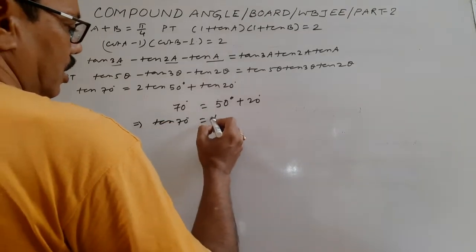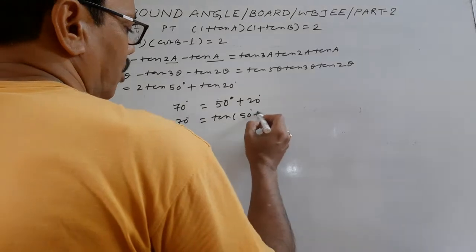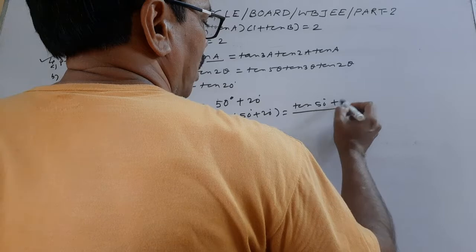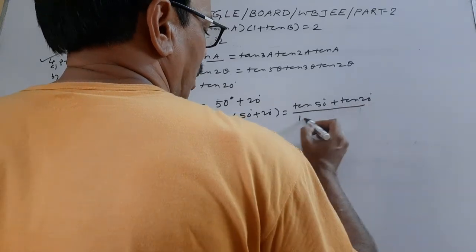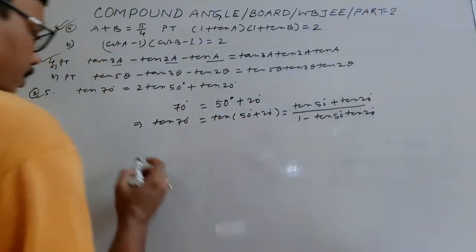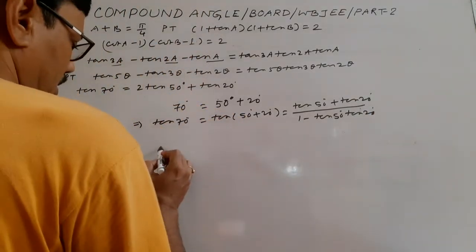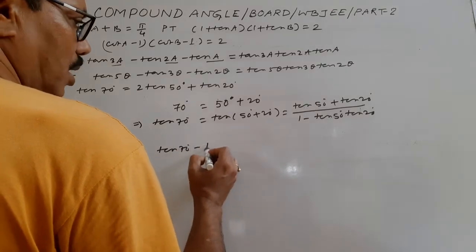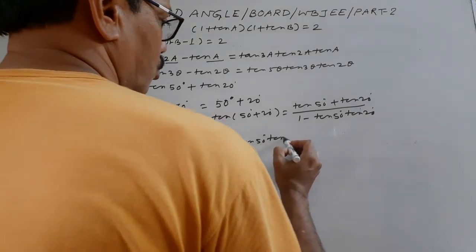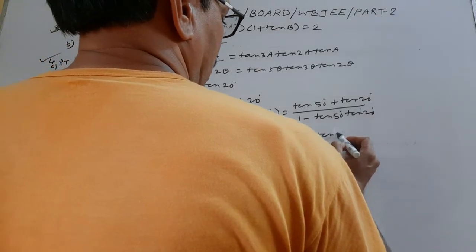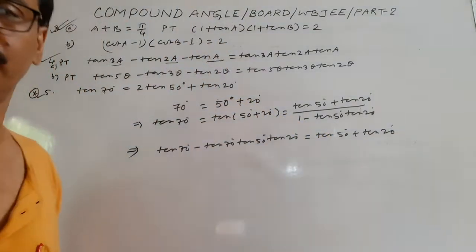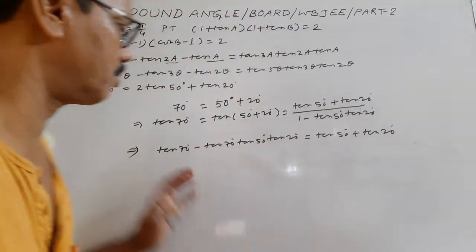Tan 70 equals tan of 50 plus 20, so tan 50 plus tan 20 over 1 minus tan 50, tan 20. Then cross multiplication: tan 70 minus tan 70, tan 50 into tan 20 equals tan 50 plus tan 20. Very simple, using the formula of tan A plus B.